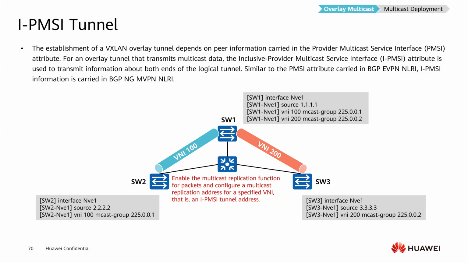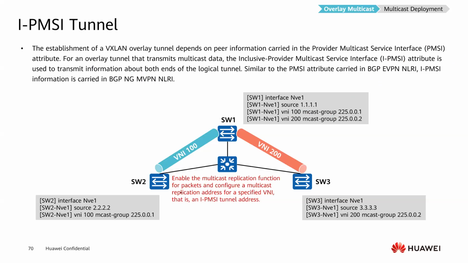For the overlay multicast tunnels, we also use an attribute, but it is not PMSI, it is IPMSI. This information carries what we need to build the logical tunnels, for example the VNI information, the multicast group information and other information.